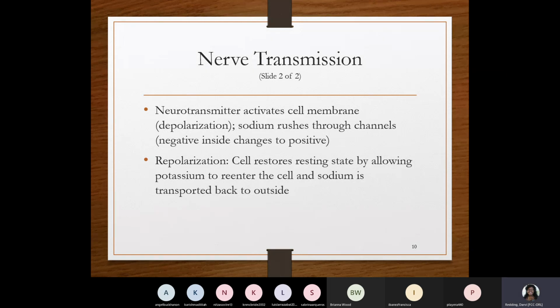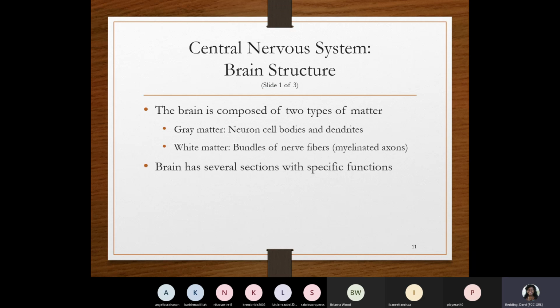When the cell repolarizes, it brings it full circle and then back to the resting stage, which is known as the polarization.